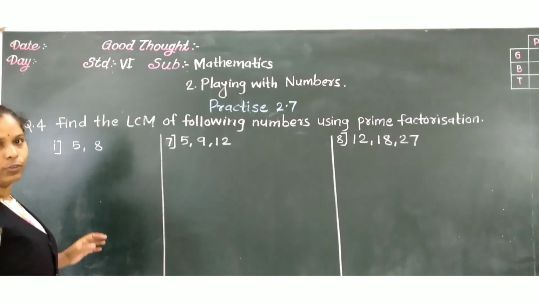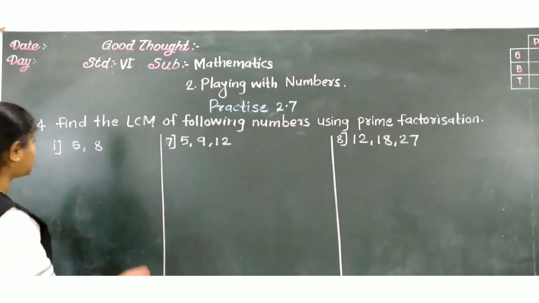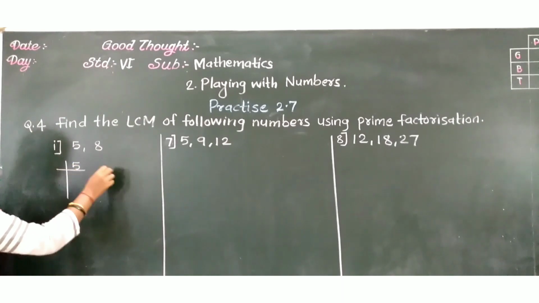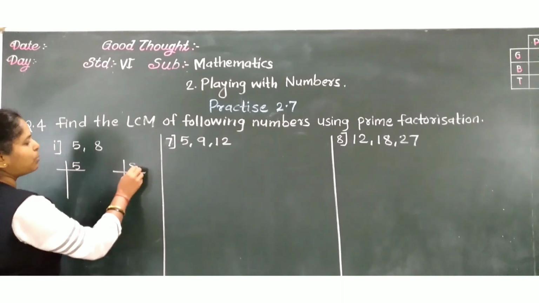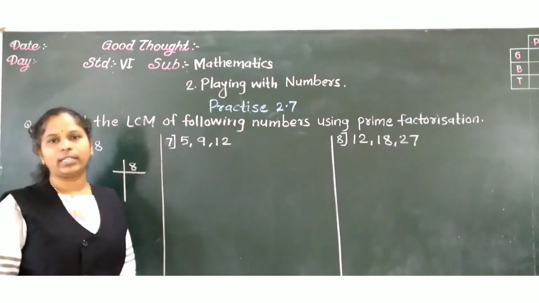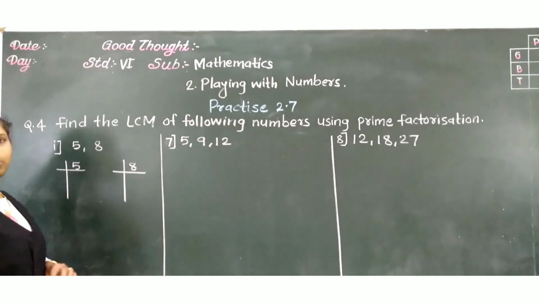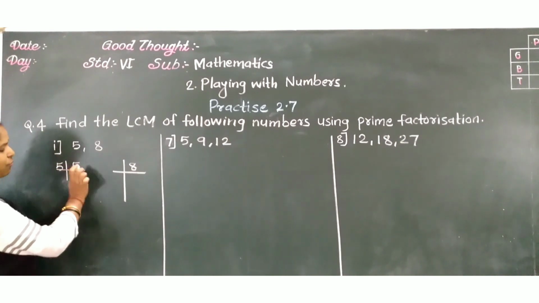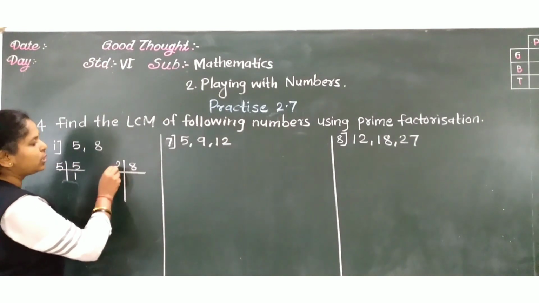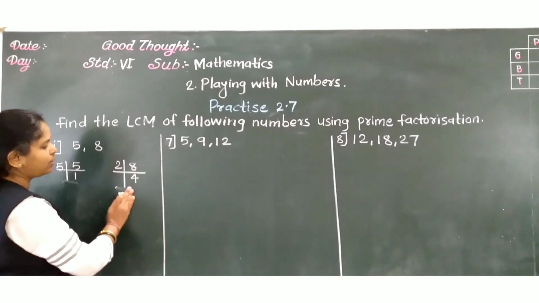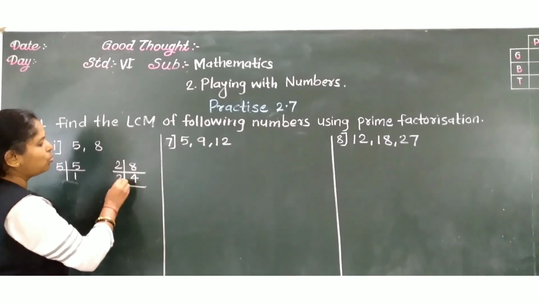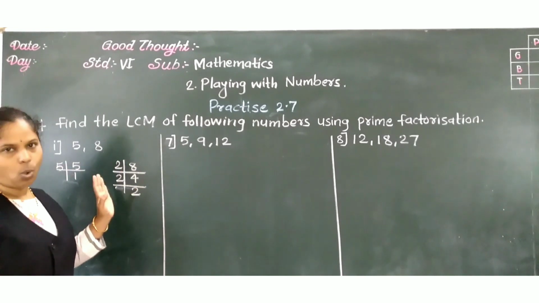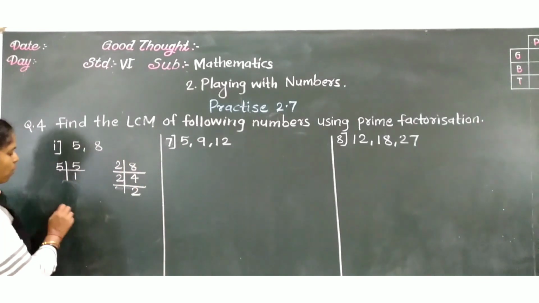5 and 8, we have to find out the LCM, least common multiple, by the prime factorization method. So separately we will factorize this. Now 5 is a prime number and 5 is divisible by 5 only. 5 ones are 5, correct? Now here 2 fours are 8, then 2 twos are 4. Now 2 is a prime number, that means division over. Now what we have to write?